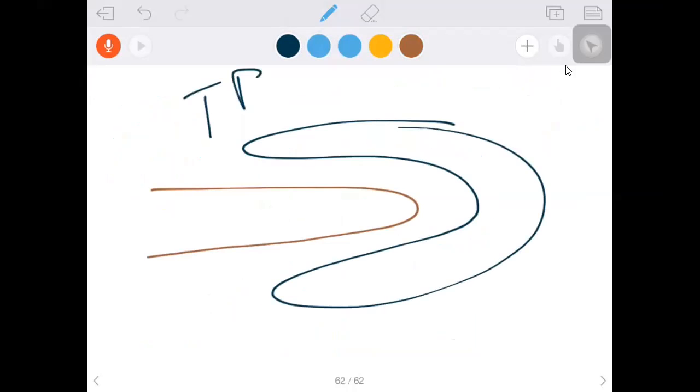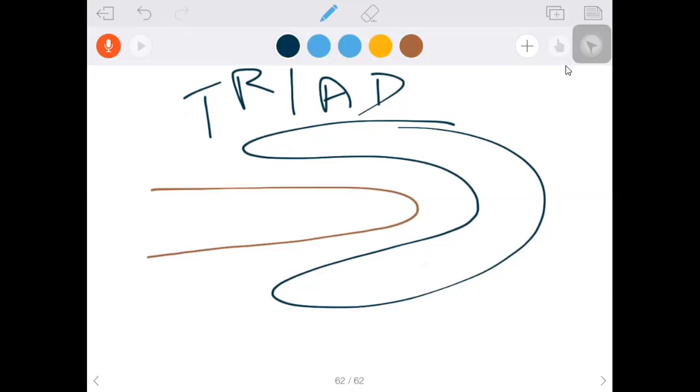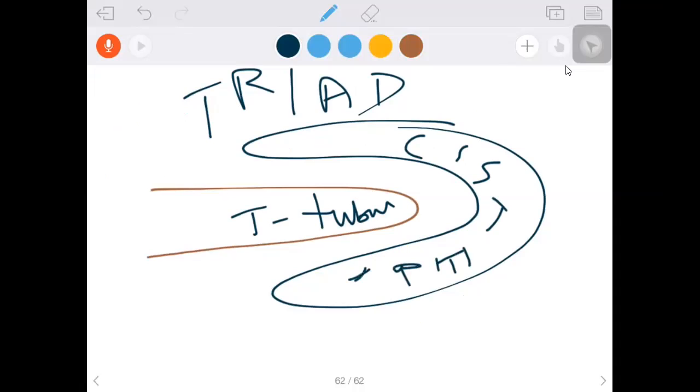This is called the triad system. What is the triad system? The invaginated sarcolemma in the form of the transverse tubule, with the cisternae of the sarcoplasmic reticulum on either side of that T tubule, is called the triad system.